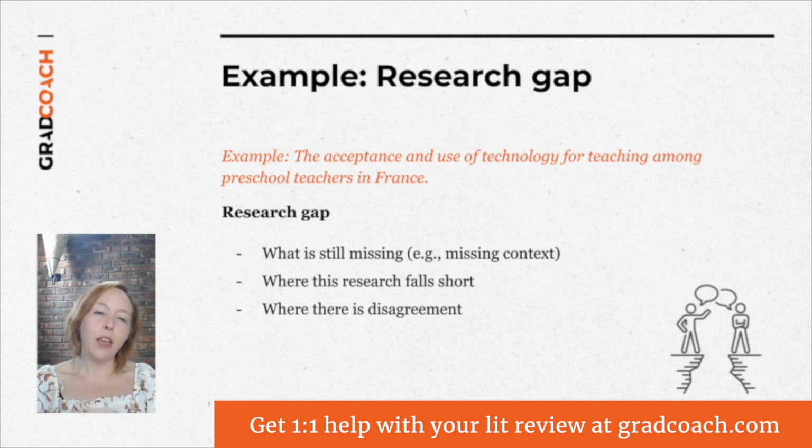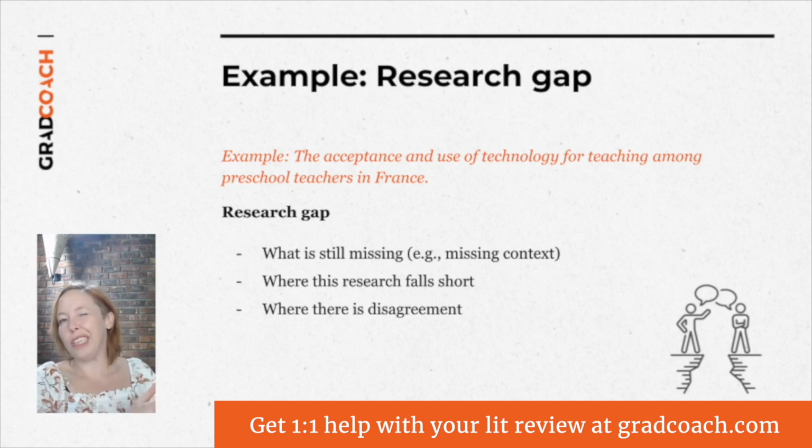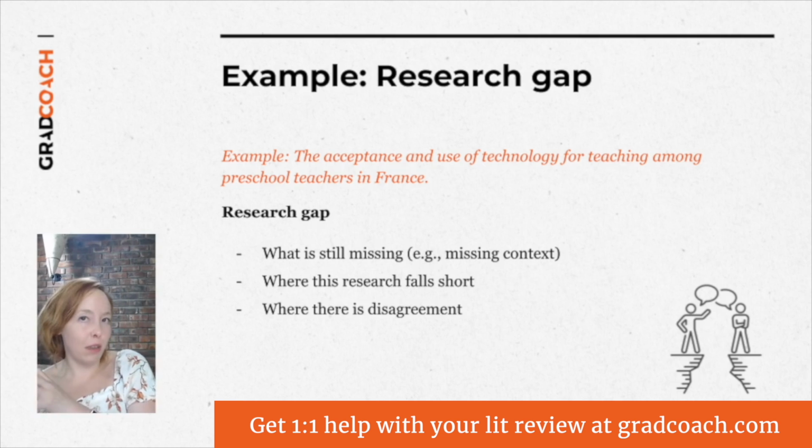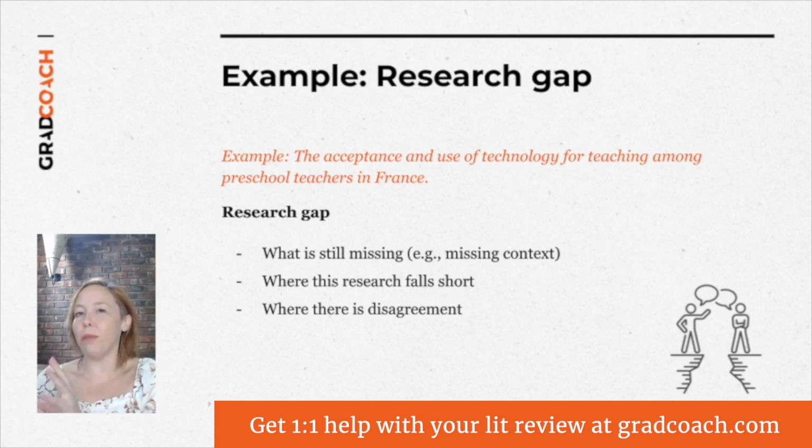So what tends to happen is you'll have a lot of different kinds of studies talked about, whether they're studies that are only briefly mentioned because maybe it's about high school teachers and you don't need to go into all the details around the studies in that case. And then maybe preschool teachers that have been studied in the US and Japan, you might want to go into a little bit more detail around, and then eventually say, look, there are some differences between these different contexts from this current empirical research.